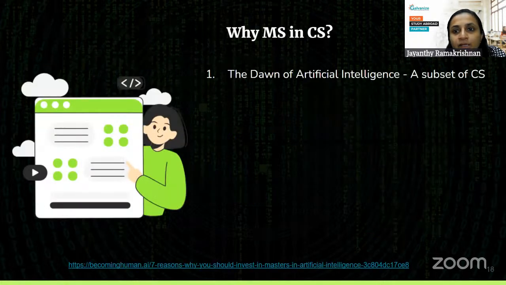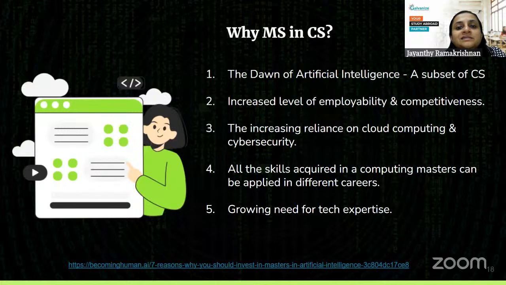Okay. Now, a little more about why a master's in CS. Of course, with the dawn of AI, which is a subset of CS, this is the field to be in. It again increases your level of employability and competitiveness. Our increasing reliance on cloud computing and cybersecurity again makes this field something that will never be outdated.